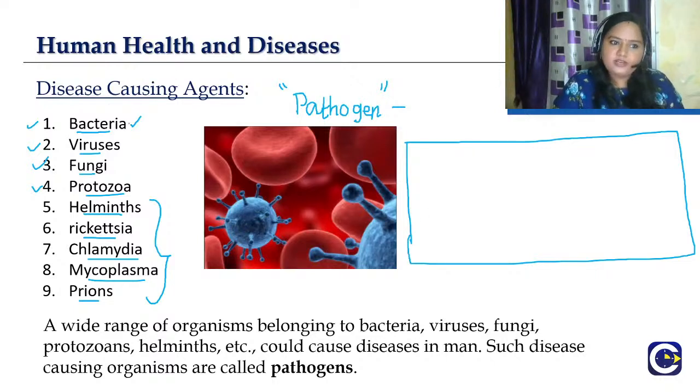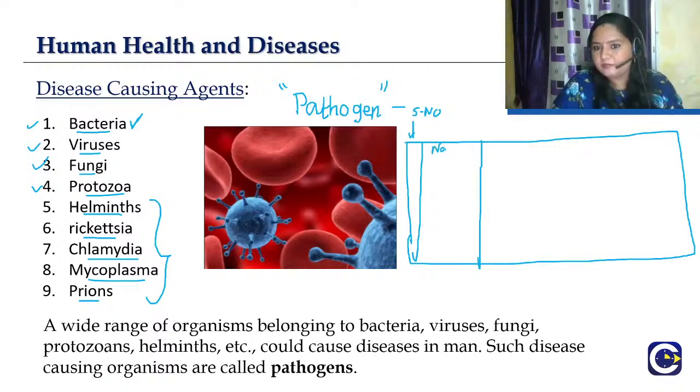For the first one, for the bacterial infection, let's take 5 bacterial infections now. The first column would be serial number. The second column would be the disease name, the name of the disease.